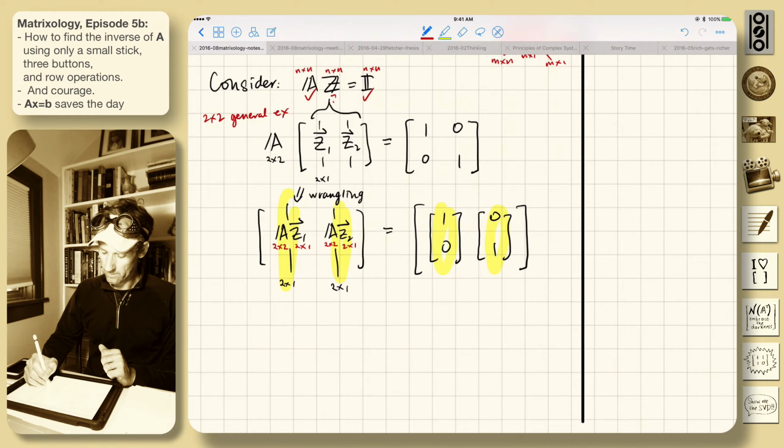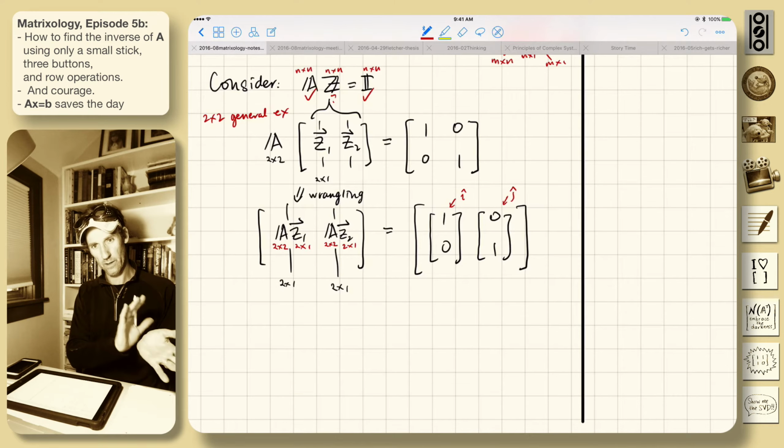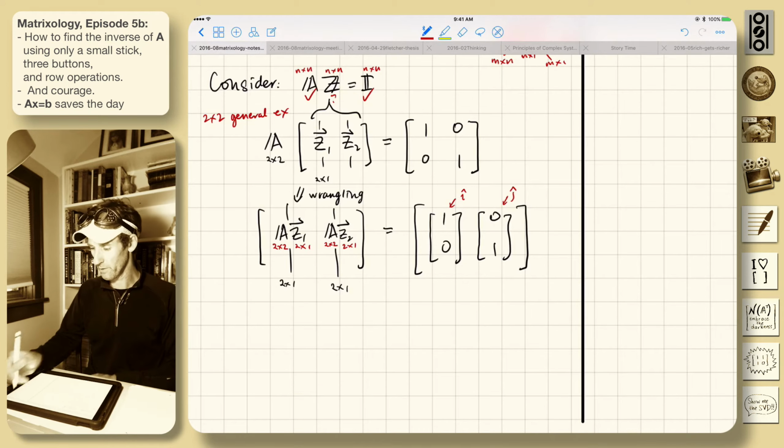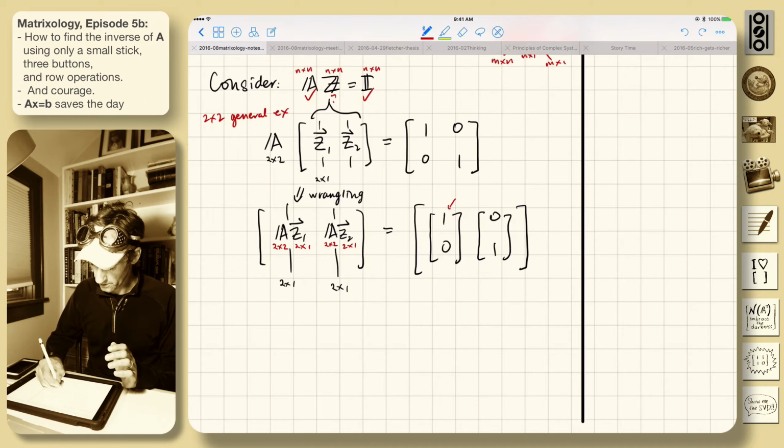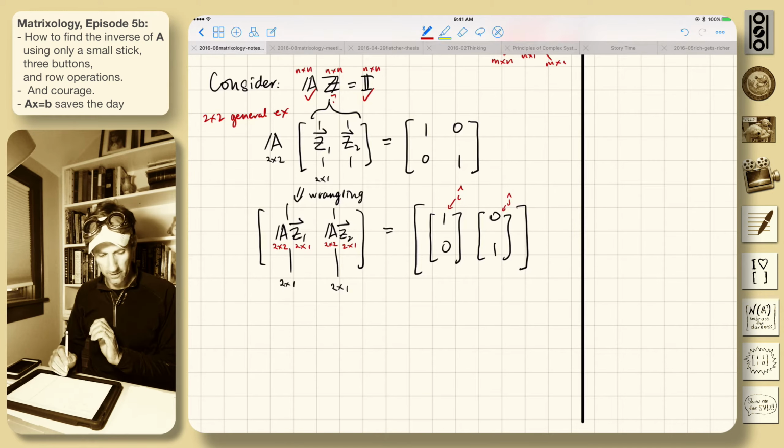Now, what I might want to add is that these are the unit vectors, I hat, J hat, from calculus, and that would keep going. Just a little side note.